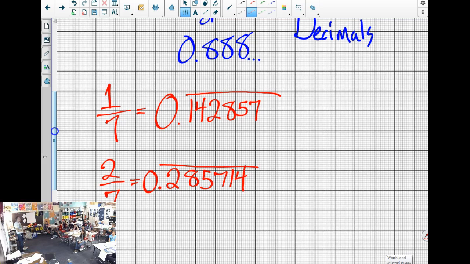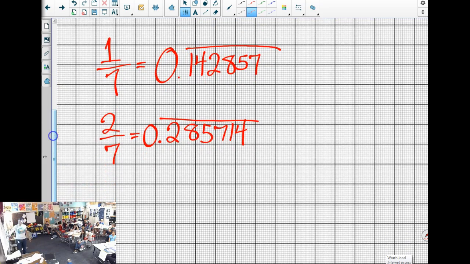All of that repeats. The whole thing shifts. What's the next biggest number that I have in my digits? 4, right? Can anyone predict what 3/7 will come out to be?